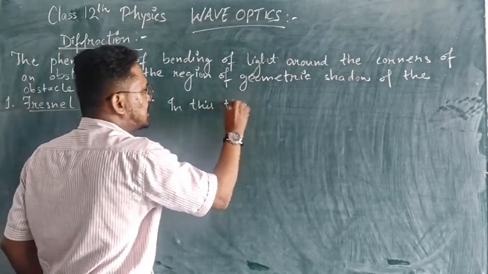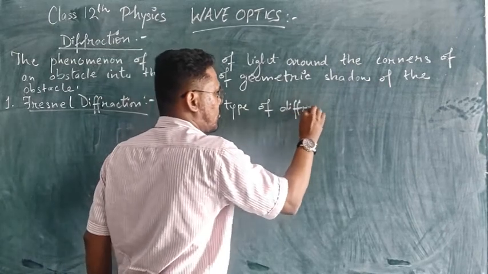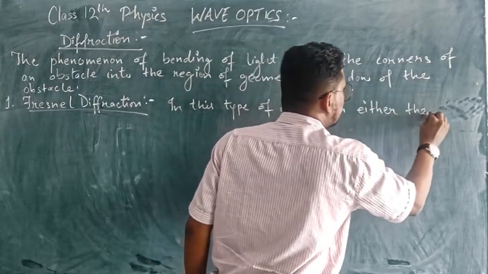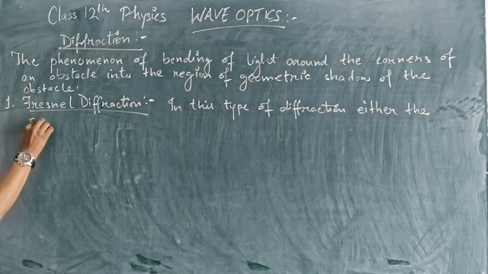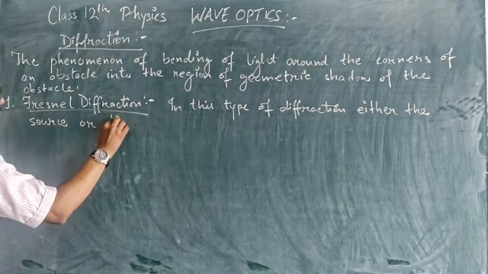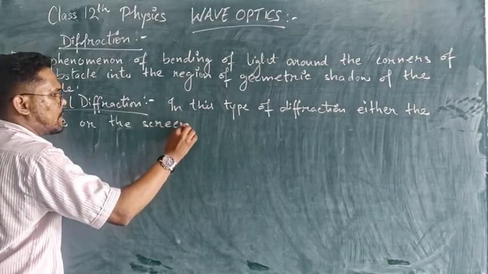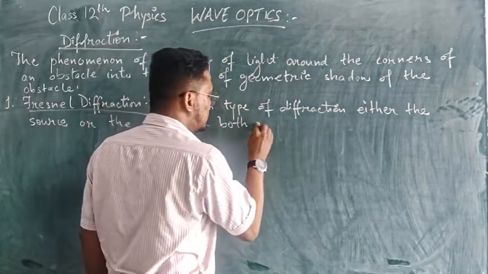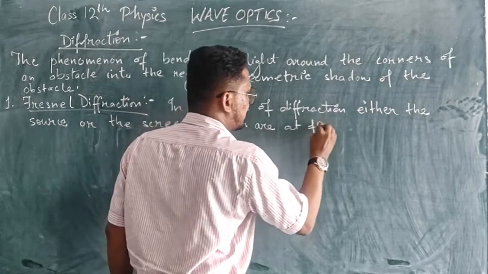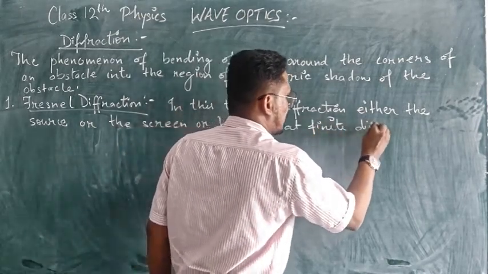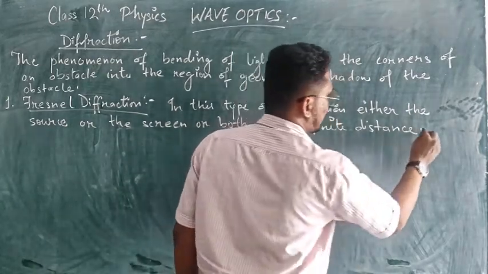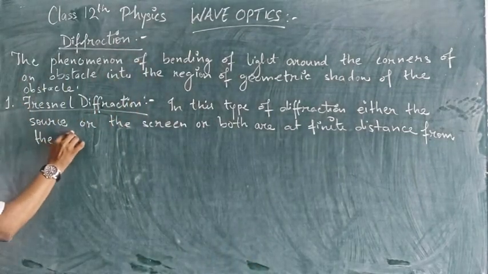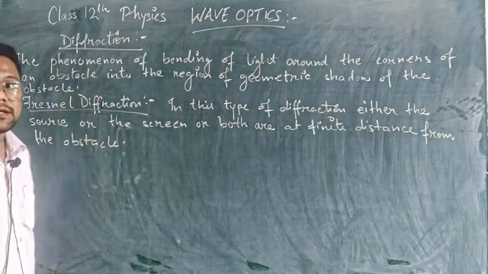In this type of diffraction, either the source or the screen or both, the source meaning source of light, are at finite distance from the obstacle.